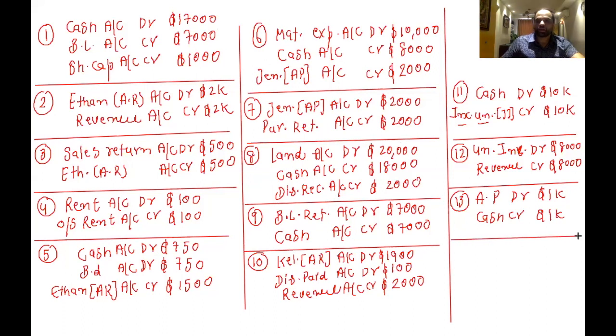Last, number 14. Unearned income returned to JJ. So unearned income JJ debit 2,000 and cash credit 2,000.